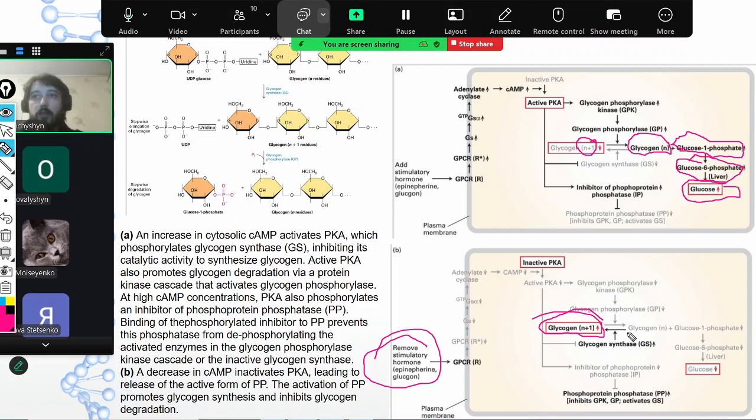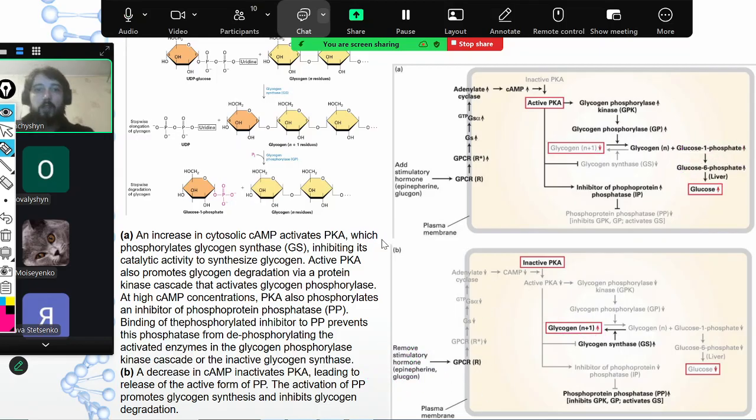Here we have more of it generated because glycogen synthase is now released from the inhibition, and the other enzymes that were basically destroying glycogen are now turned off. So glycogen is created when we have no more stimulatory hormone. When this is removed, everything shuts off. So that's what we have.